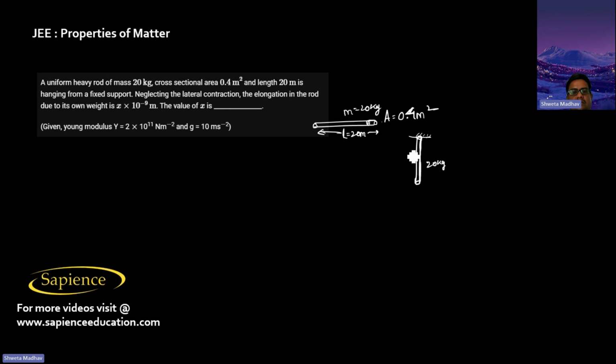Neglecting the lateral contraction, the elongation in the rod due to its own weight is, so here mg will act. Mg is the force acting, its own weight.